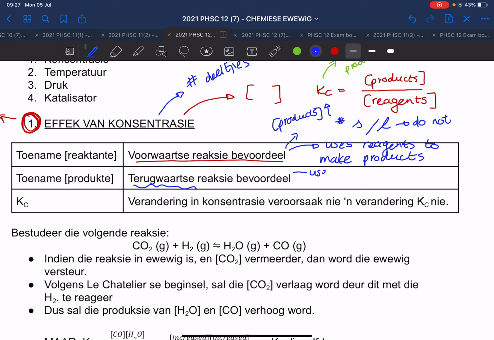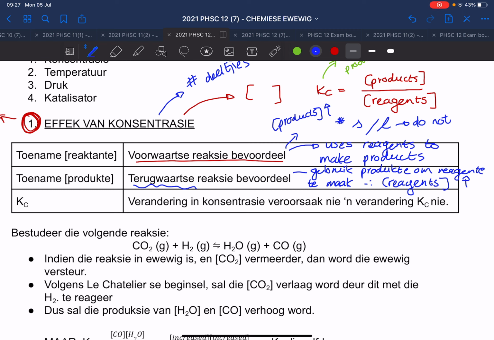Because it uses, kom ons skryf Afrikaans, dit gebruik produkte om reagente te maak. It uses products to make reagents. That means the concentration of the reagents increases.